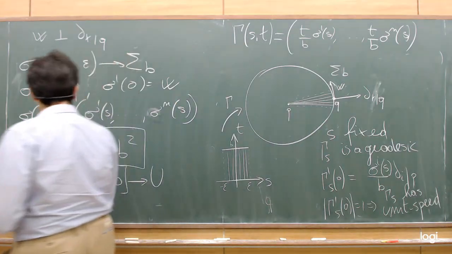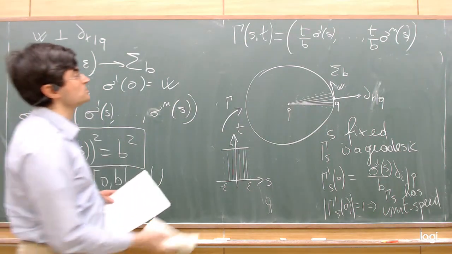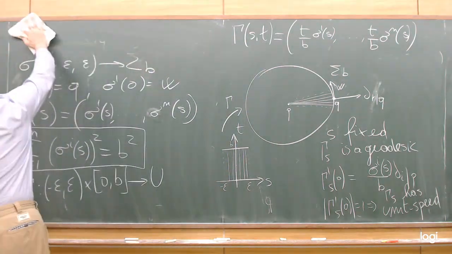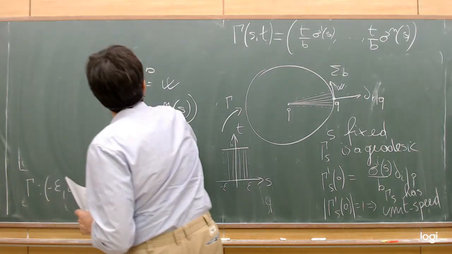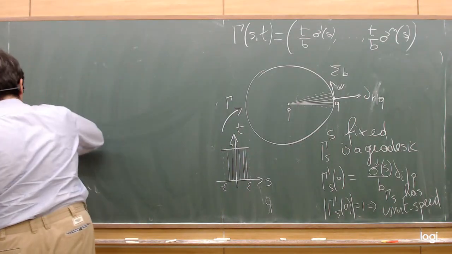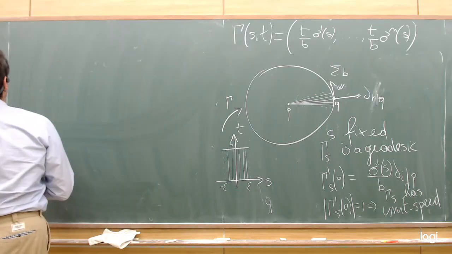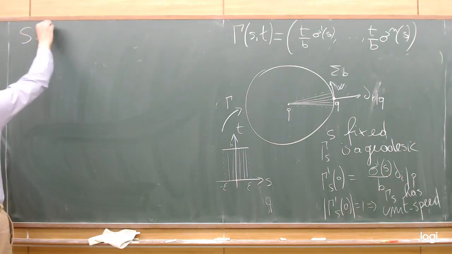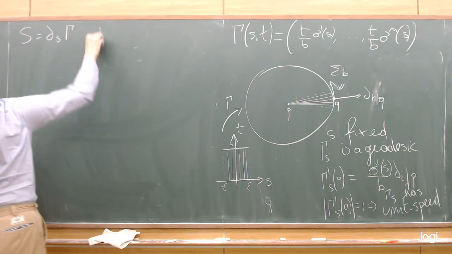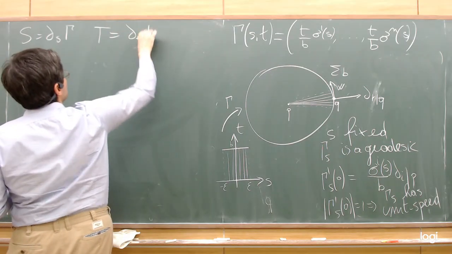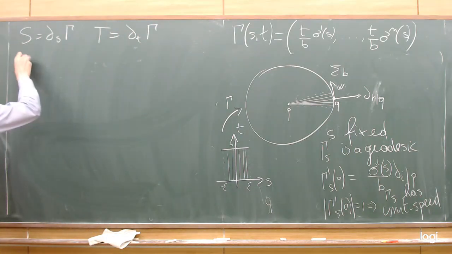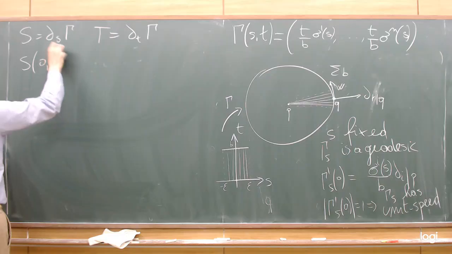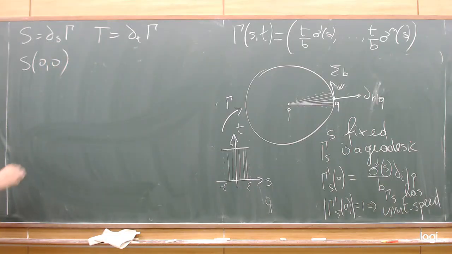Okay, so now let's study the variation gamma. And we define S as delta S gamma T delta T gamma. What can we say about S at 0, 0?